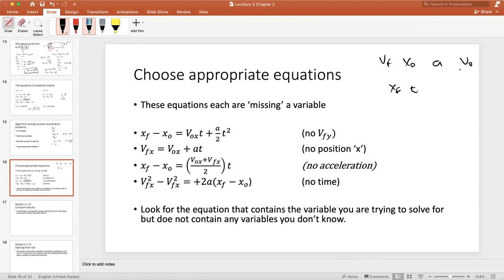I knew v final, I knew v initial, I knew a, I knew x naught. I could solve for t really easily right here. And even if I wasn't asked for the time, it might be easier to solve for t here and then go from there for some reason, okay? Solve for t and then plug it in here to get x, whatever.